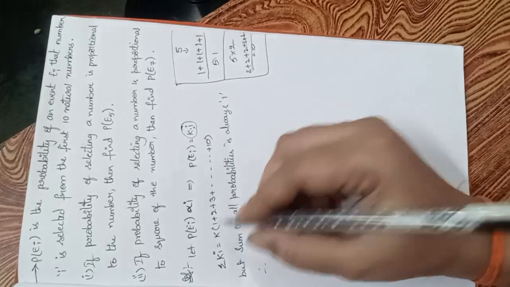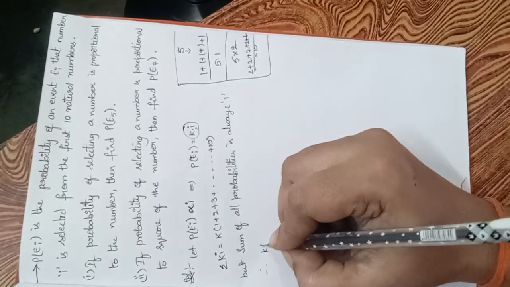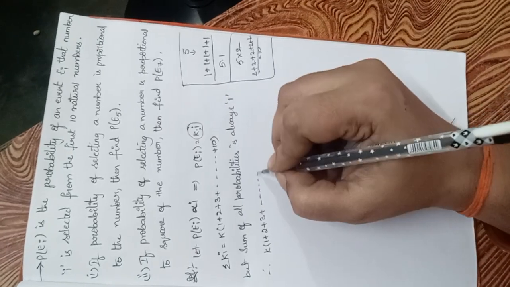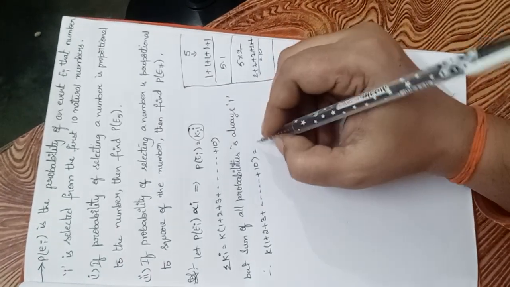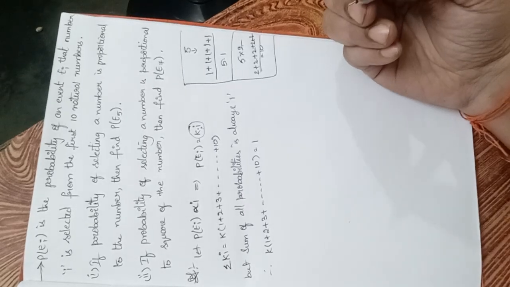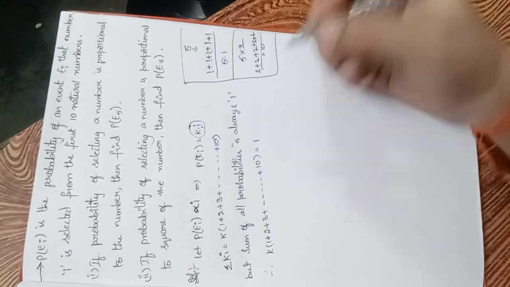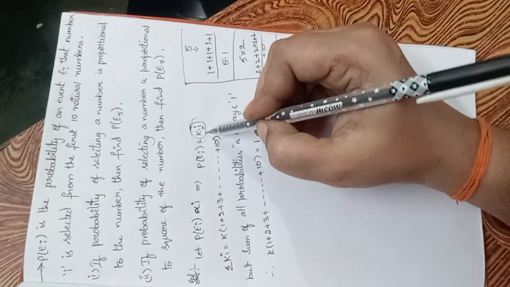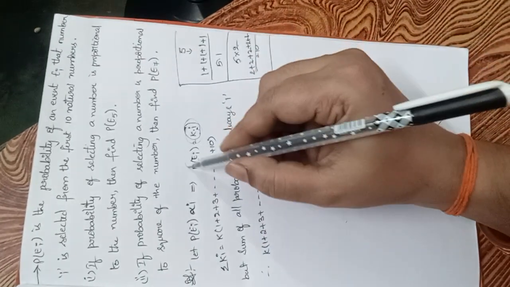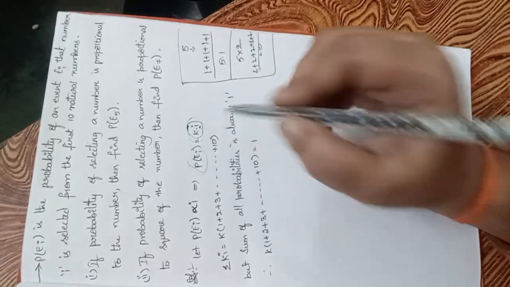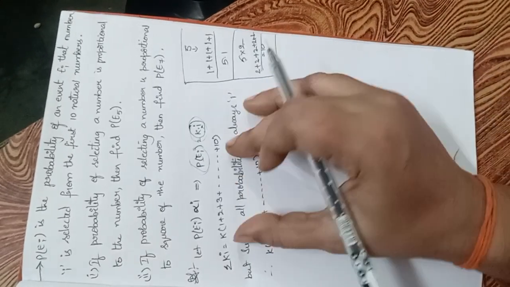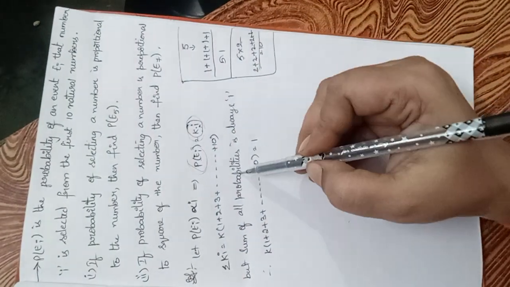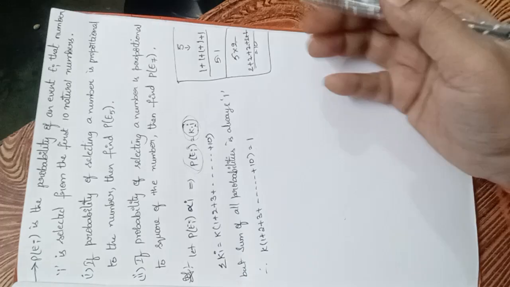Therefore, we can write K into 1 plus 2 plus 3 and so on plus 10 equals 1, because this equals Ki. Ki is nothing but the probability of an event, right? The summation of the probabilities of the events, so the sum of all probabilities is always 1.